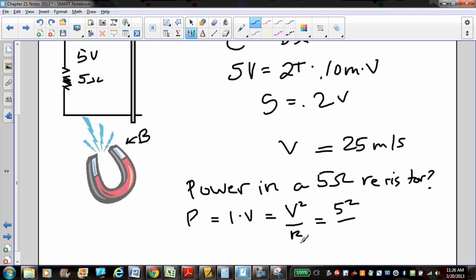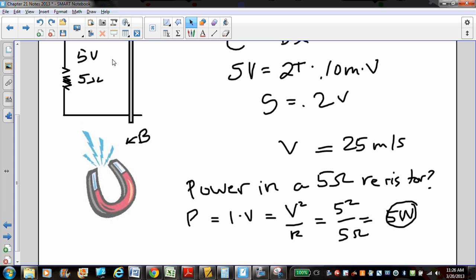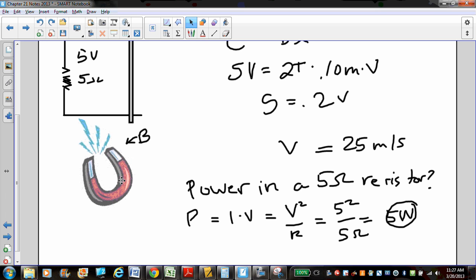And the resistor is 5 ohms. So 25 divided by 5 is just going to be 5 watts of power developed in this resistor simply by dragging this metal bar across the two wires in a magnetic field, an external magnetic field.